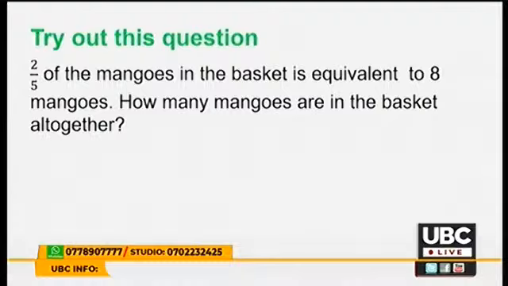So it means that the 2 parts of the 5 are equal to 8 mangoes.